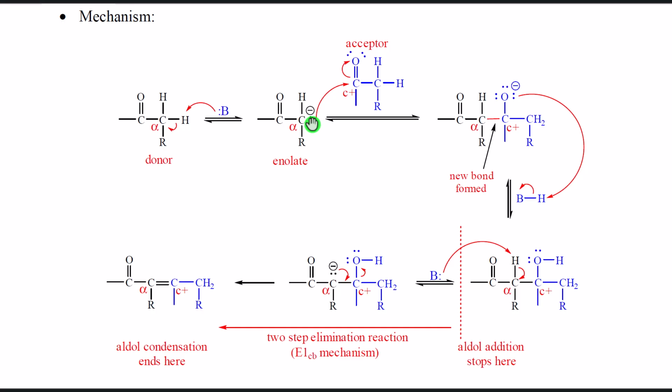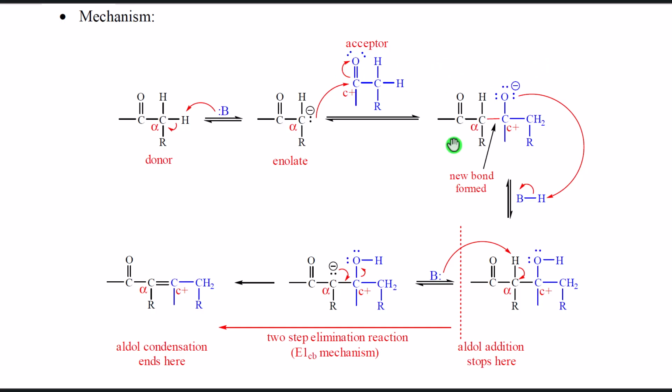That carbon minus can act as a nucleophile, similar to the way a Grignard reagent acted as a nucleophile. So the lone pair can approach the C double bond O carbon and make a bond. However, in order to be able to form that bond and not form 5 bonds to that carbon, we need to push a pair of electrons out of the way from the C double bond O onto the oxygen.